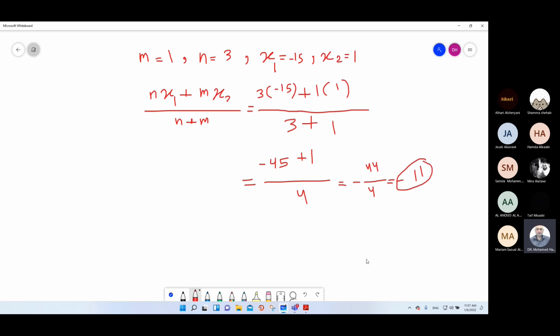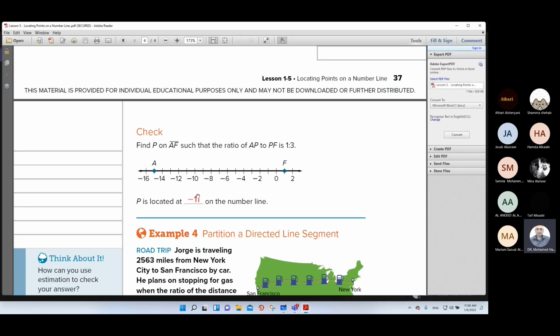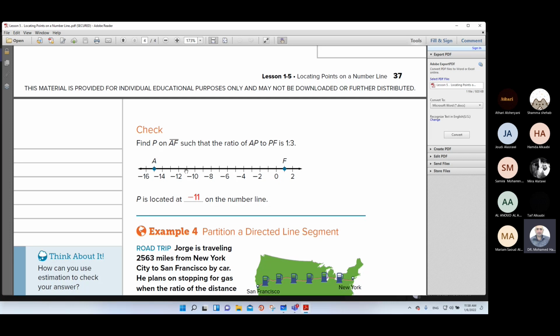So look for negative 11 on the number line. Where is negative 11? Between negative 12 and negative 10. So the point B will be located here.